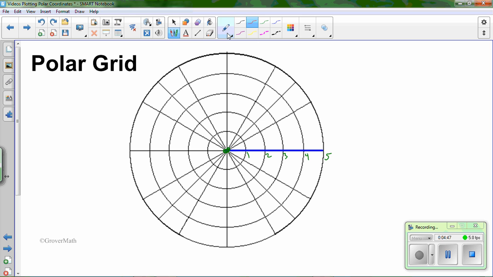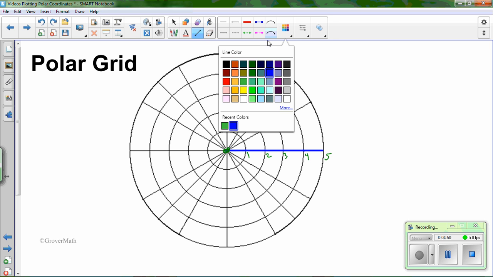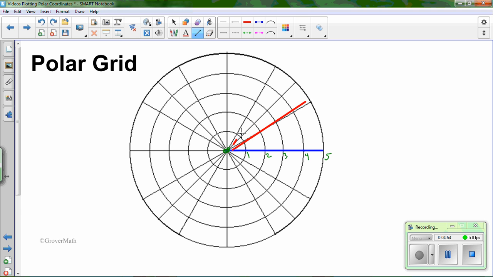And then you see these lines extending out. What each of these lines represents is a different degree measure from your initial side. So if we start right here, and you would open up, this would be the 30-degree line.